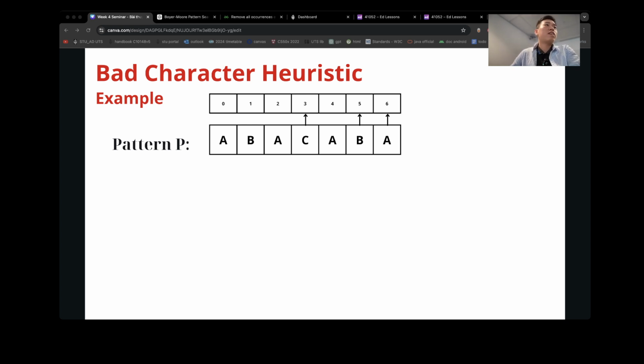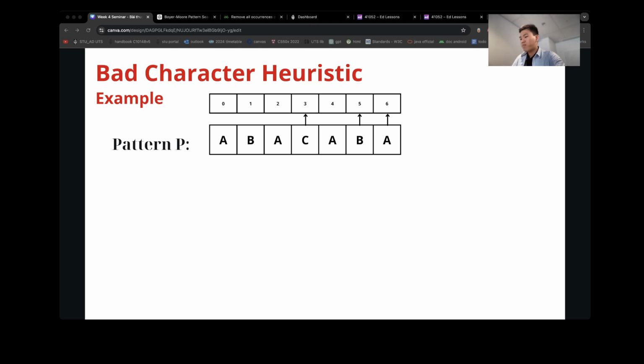And what's sigma here? Sigma is the size of the alphabet, which affects the space complexity. If you only use the English alphabet, sigma is just 26. Sigma is the number of possible characters.